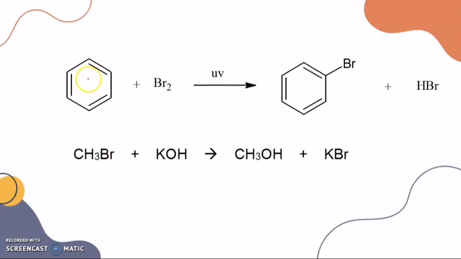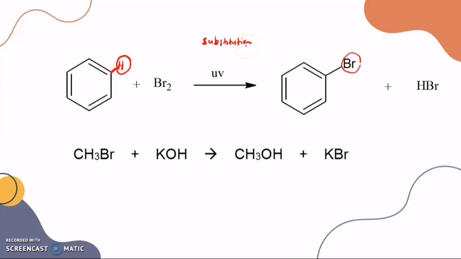For example, in this reaction, we look at the product here. The reaction occurs at this carbon, as initially this carbon has a hydrogen atom, but after it reacts with the bromine compound in the presence of UV, this H has been substituted with a bromine atom, indicating that this is a substitution reaction.